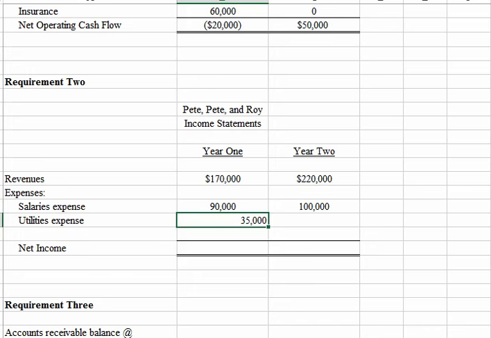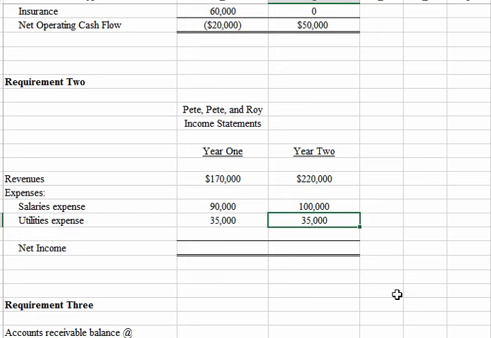Okay, what do we know? Well, we know that total cash paid out for utilities was $70,000 in years one and two. So utilities expense for year two would be the $70,000 total for both years minus the $35,000 of expense incurred in year one. Gives us $35,000 for year two as well.